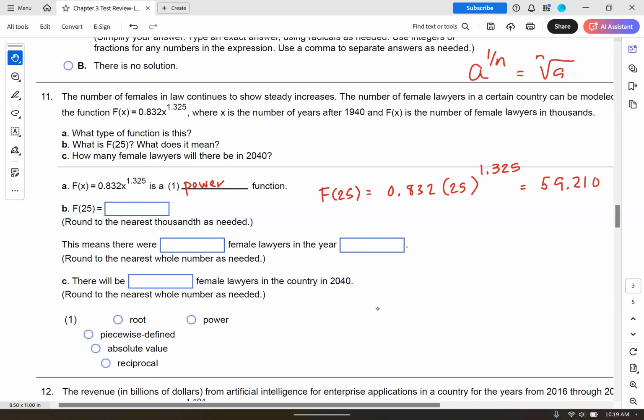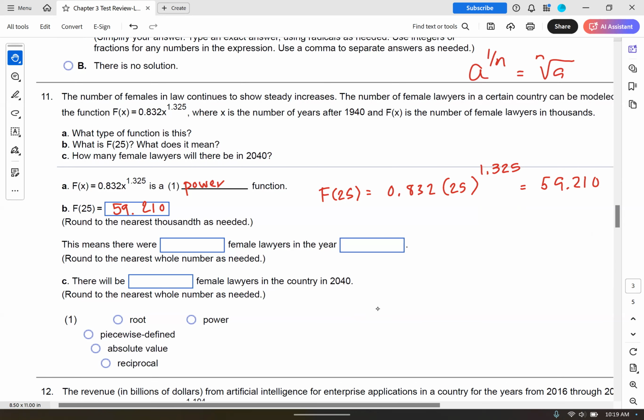They're telling you how many decimal places: to the nearest thousandth, so that's 3. Since it's at 8, that would make it 10, right? 59.210. Yes.